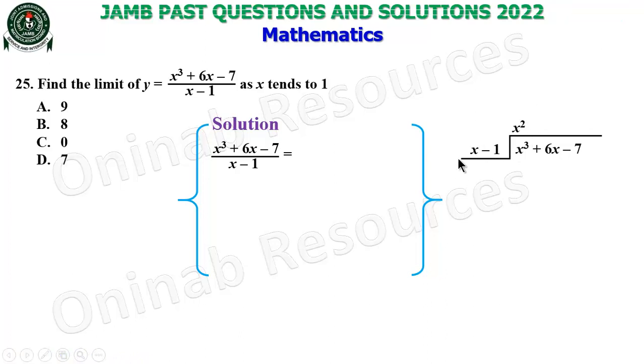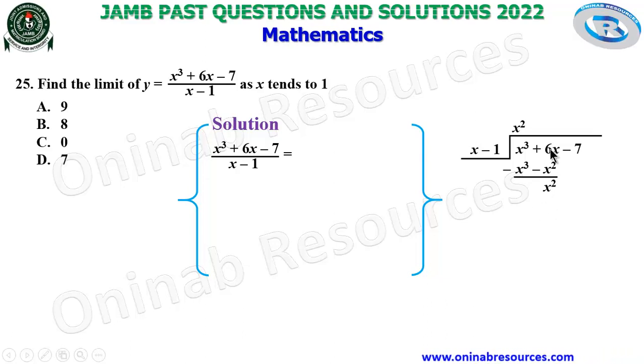It's just always the first term. So x squared times x gives x cubed. Then x squared times negative 1 gives negative x squared. We then subtract. So x cubed minus x cubed is gone, and this one has 0x squared minus x squared, giving us x squared.